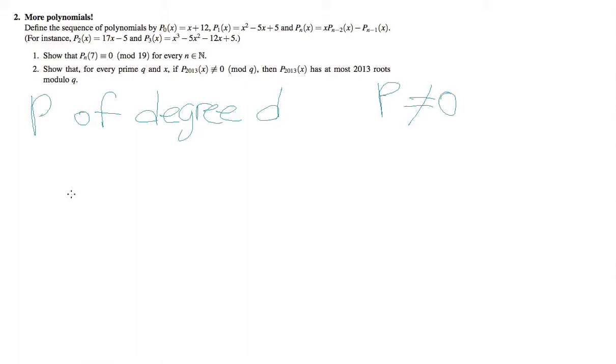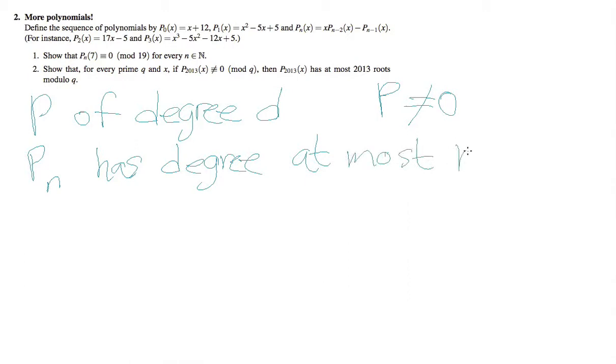So let's try to prove that P of n has degree at most n. Of course, this statement is not true for n equals 0 and 1, right? So we have to adjust our statement to P of n has degree at most n for n bigger than or equal to, let's say, 2, okay?